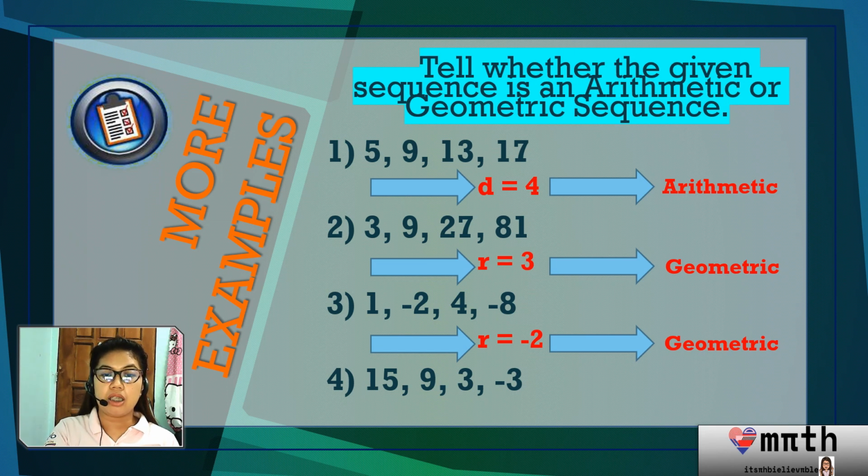Then 3 subtracted by 9, that is also negative 6. And 9 subtracted by 15 is also negative 6. So we can say that we have a common difference which is equal to negative 6. And having a common difference, we can say that this sequence is an arithmetic sequence.